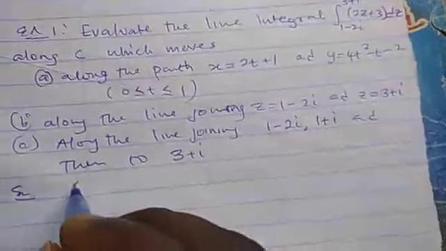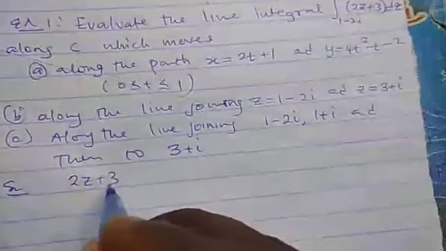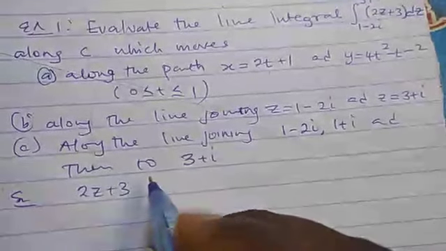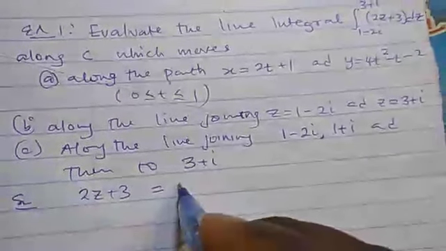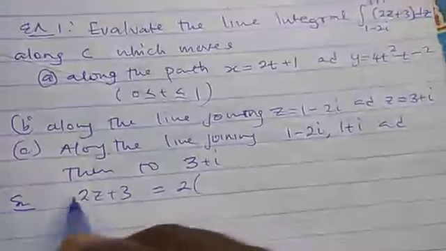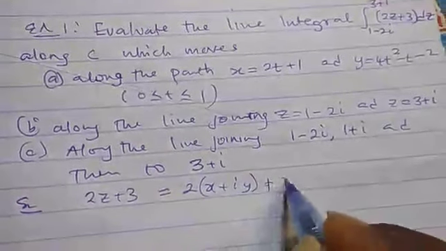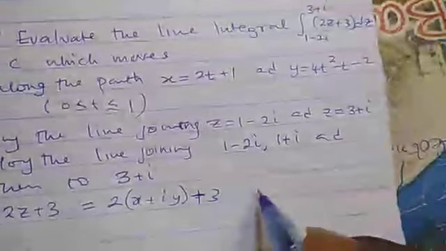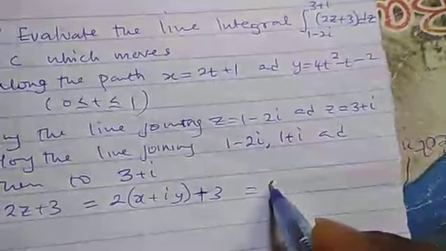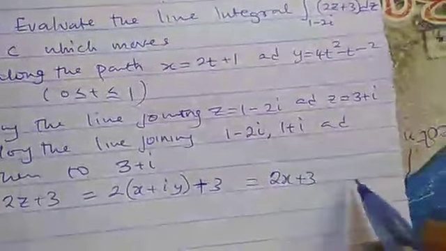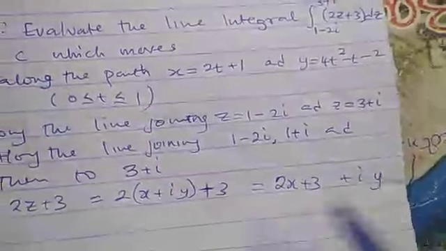Now we are given 2z plus 3. The first thing is we need to know what our x, our u, and our v are. z is x plus iy, so 2z plus 3 expands to 2x plus 3 plus i.